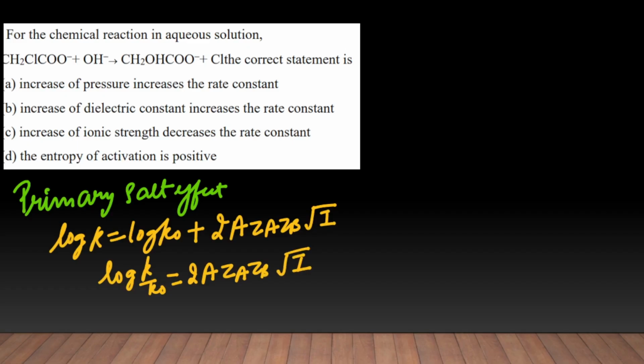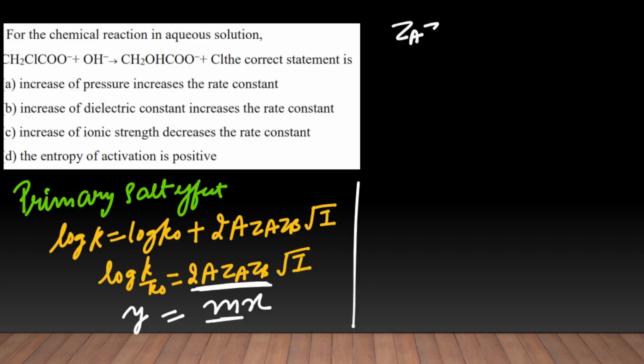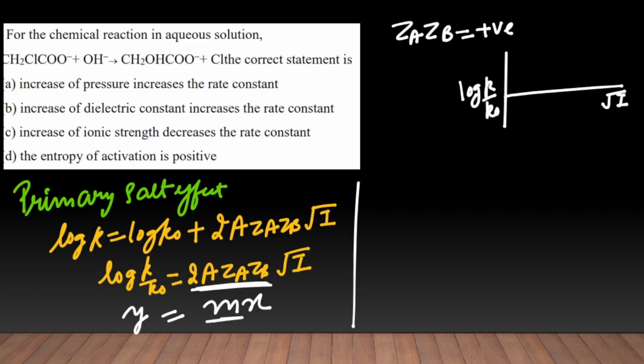So the plot, if you see, is y equal to mx, right? So that means the slope value that I am having is dependent upon the ZA and ZB values, right? So here if the product of ZA and ZB is positive, which means my slope is going to be positive. So the plot is going to look like this for log of K upon K naught versus the root of ionic strength, right?